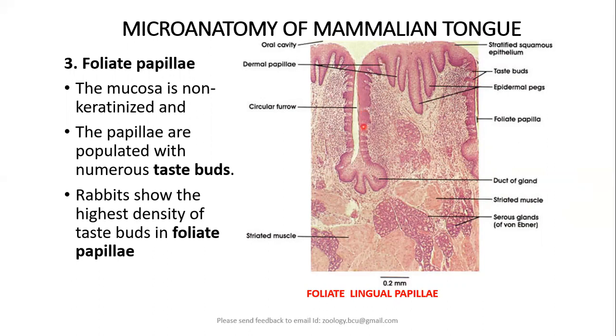And these papillae also have a lot of taste buds. You see here some light color ovoid structures. They are nothing but the taste buds. In the case of rabbits, we have foliate papillae with a number of taste buds.